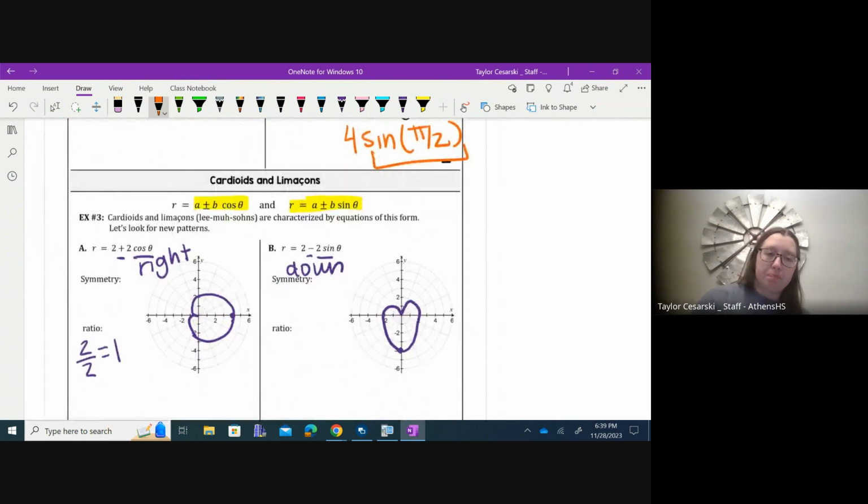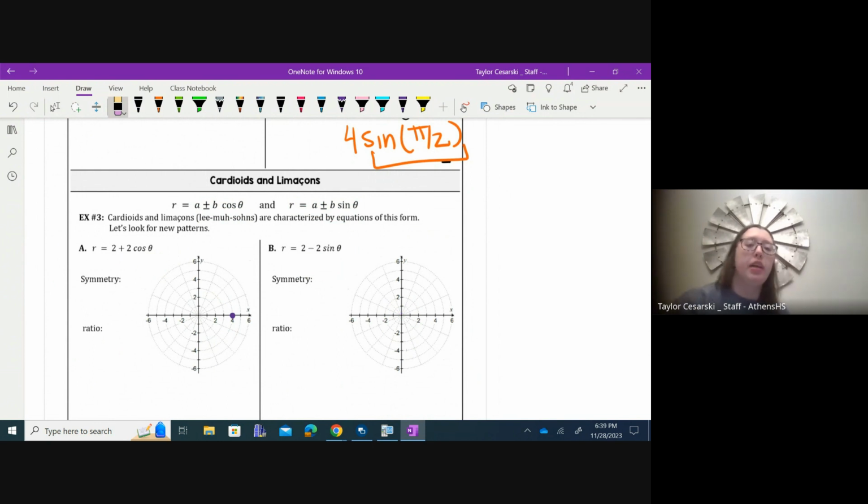All right. And then we have cardioids and limacons. It's kind of a weird word to say. But that's always in the form a plus b cosine theta or a plus or minus b sine of theta. The biggest tip I can give you with these is figure out which axis they'll be on, and that will really narrow down your options.